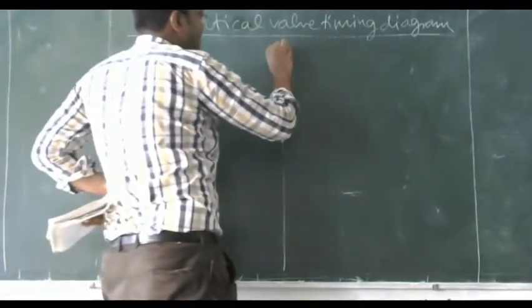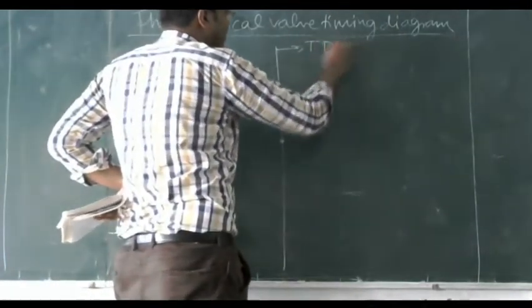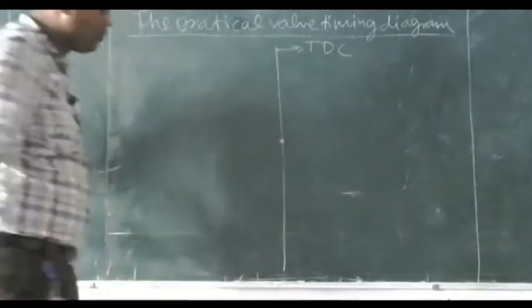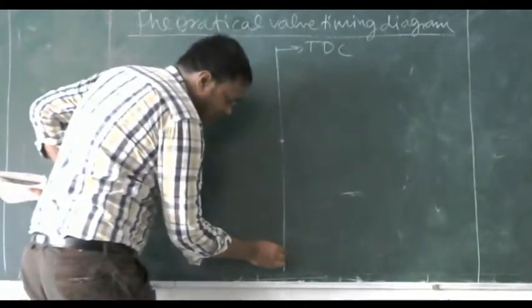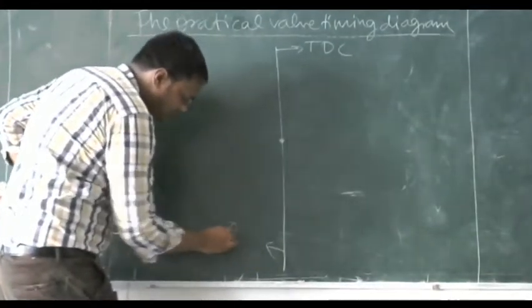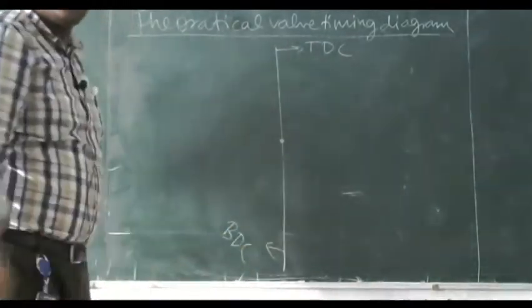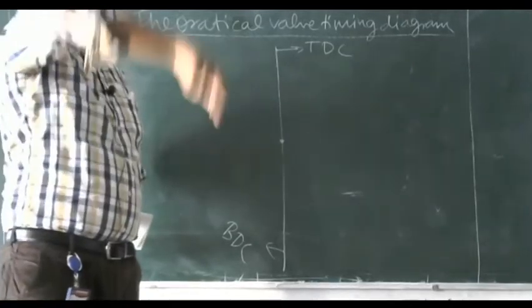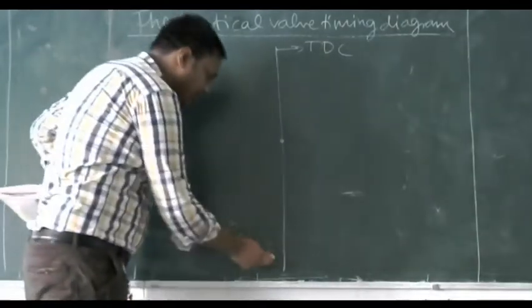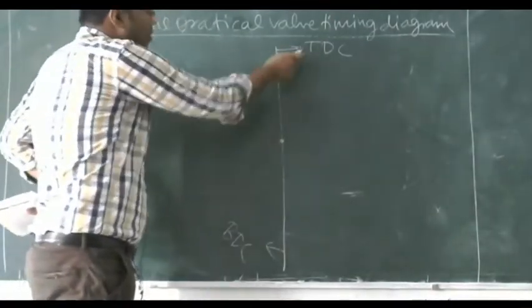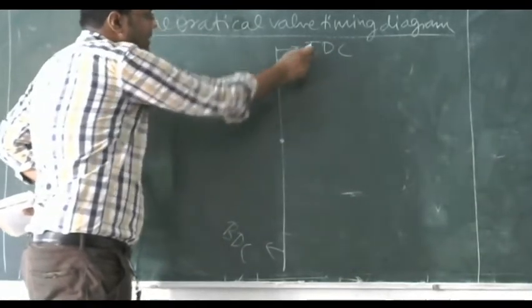So this line represents TDC position. When the crankshaft is at bottom position, then the piston will be at BDC. So this bottom line represents BDC.